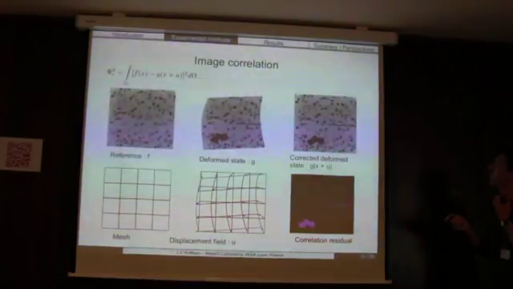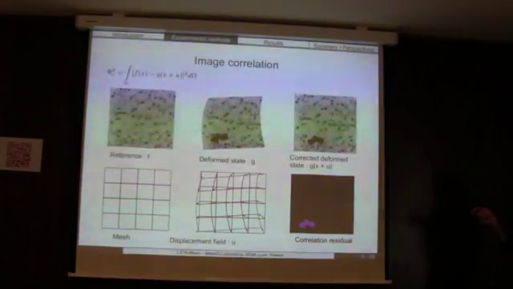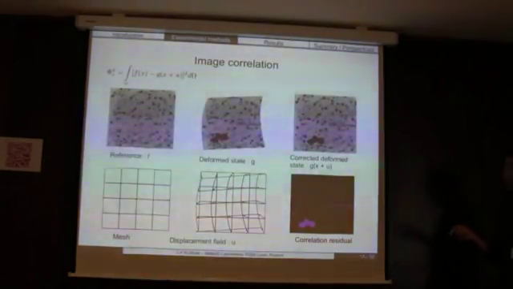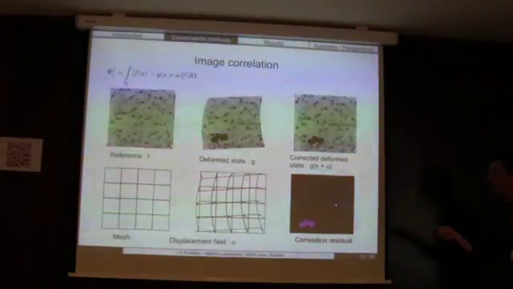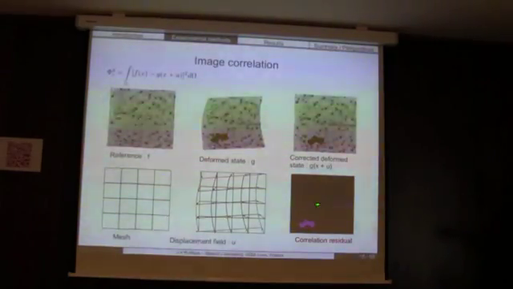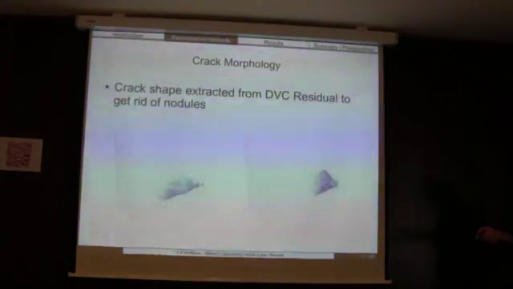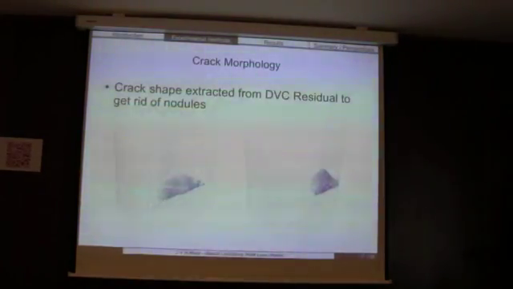Of course, your software doesn't know that there is a crack, so when you plot the residual of the correlation measurement, you get some very large values here, meaning that there are some correlation errors here, and that helps you to detect the crack. So this is how we were detecting the crack in the sample. And you can of course follow the crack growing inside the material from this visualization of the residuals.